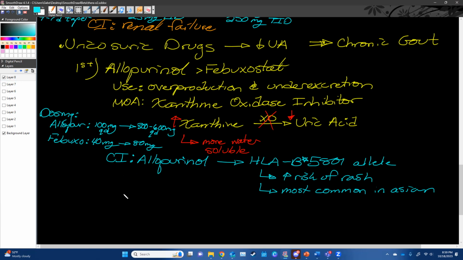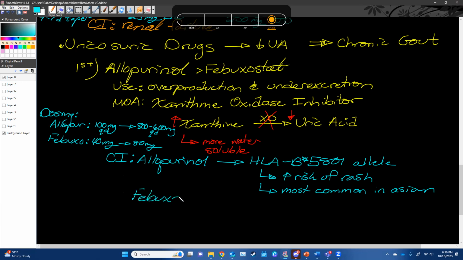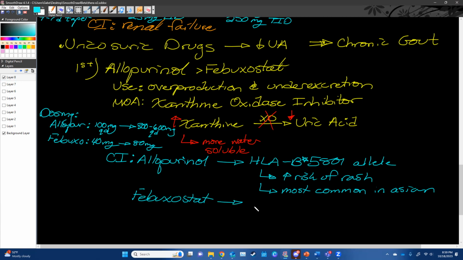The reason why we don't use febuxostat is it's actually better tolerated than allopurinol. The reason why we don't use it is because it's contraindicated in many cardiovascular diseases.